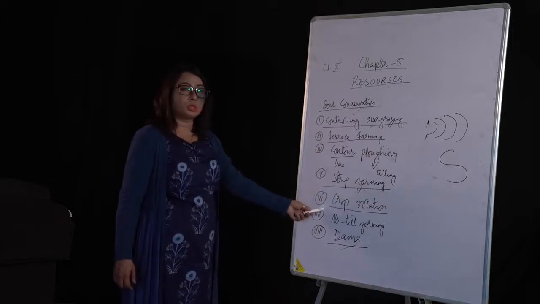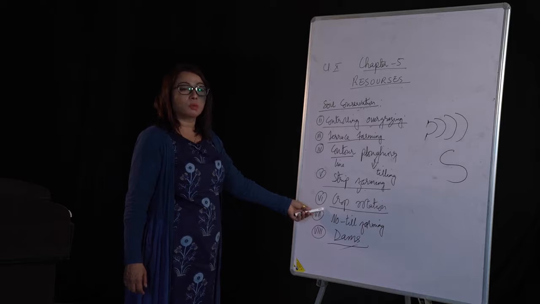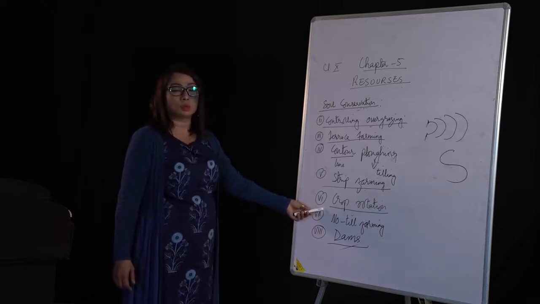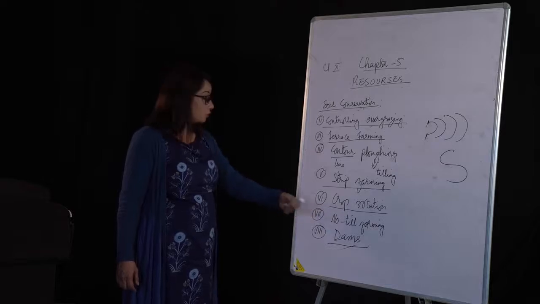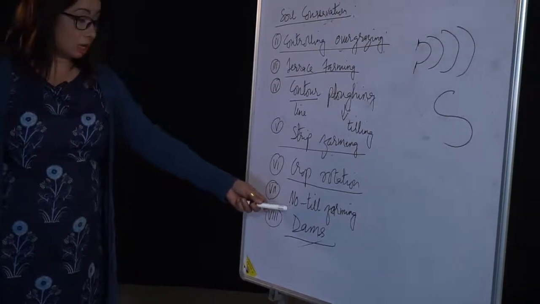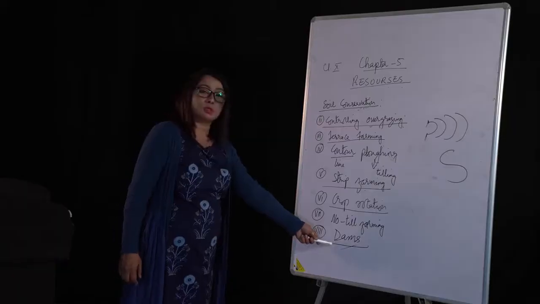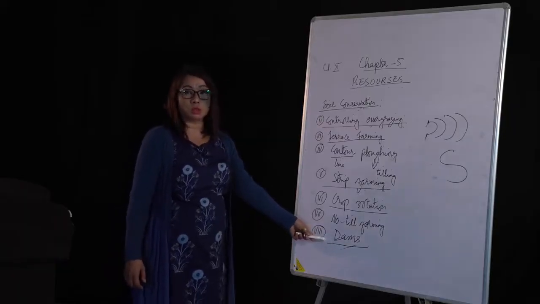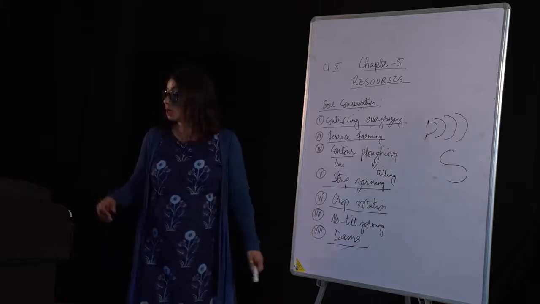Then crop rotation, there are certain food crops which absorb the nutrients, so in order to protect it, different types of crop in different seasons. No-till farming, not tilling the land for one season. Then dams are structures which help to conserve soil also. So these are the measures.